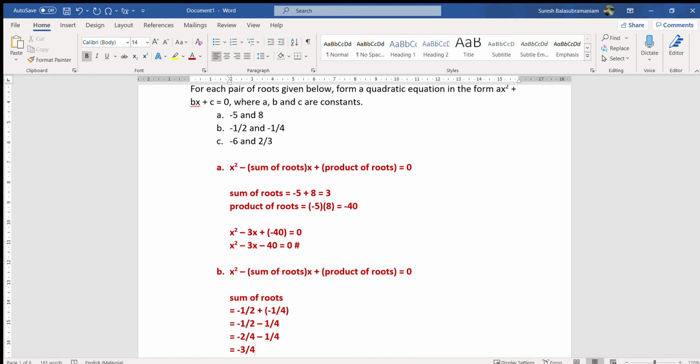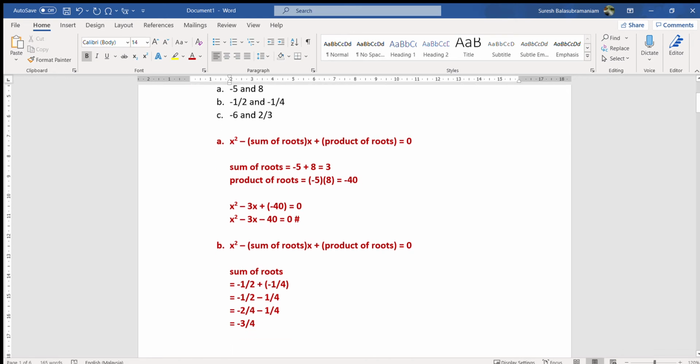Now we'll try to find the product of roots. -1/2 multiply negative 1 over 4.